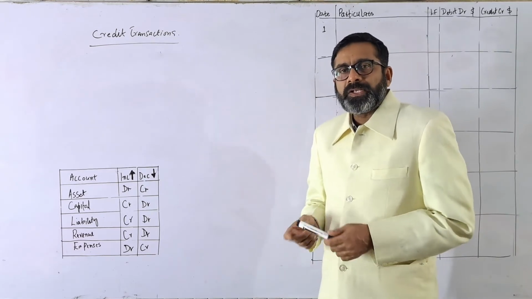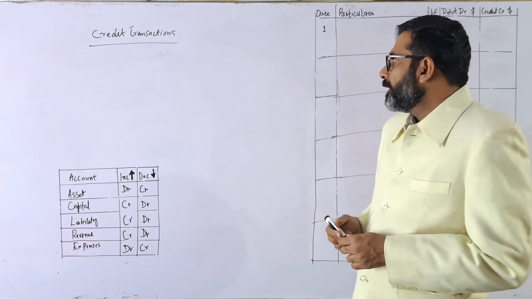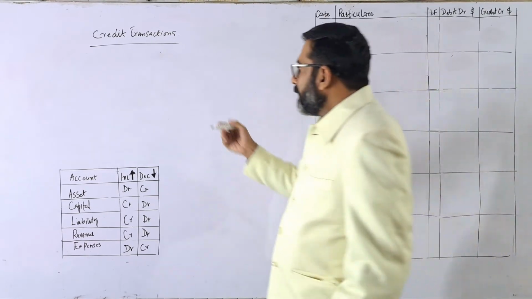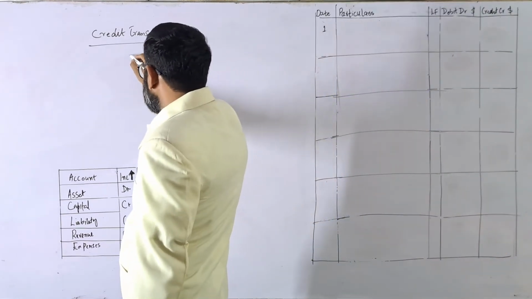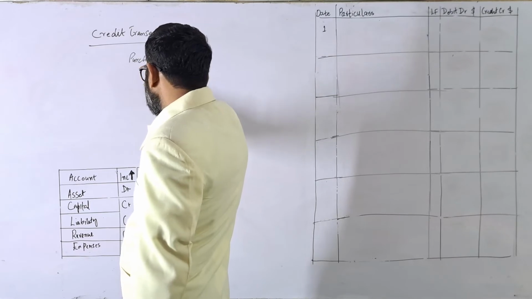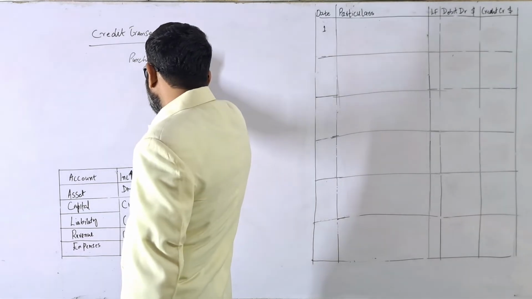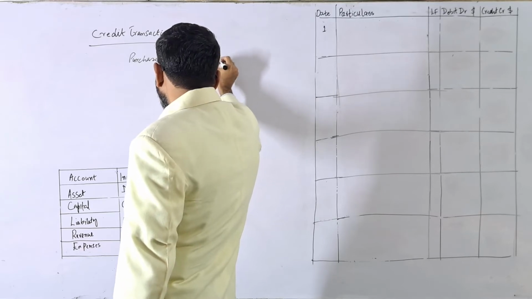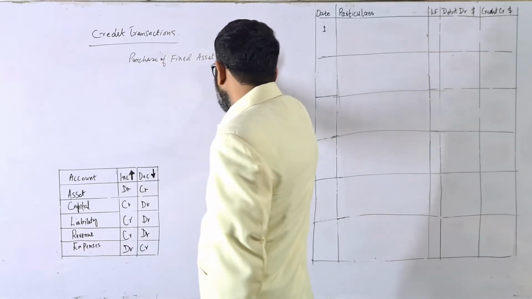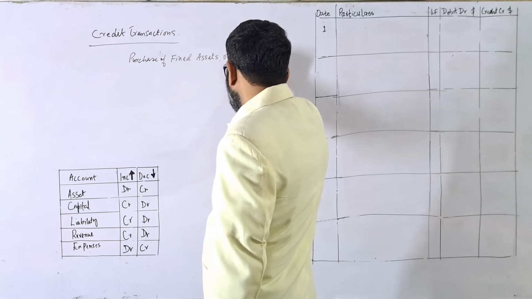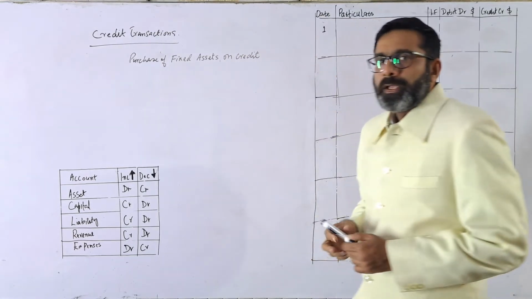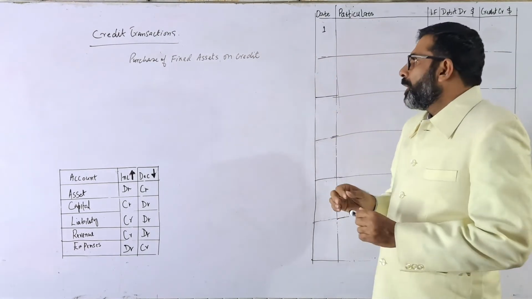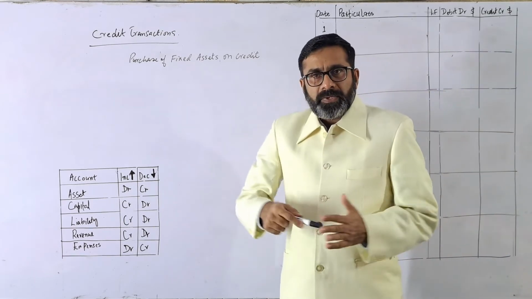The third type of transaction we are discussing in credit transactions is the purchase of a fixed asset on credit. Now, I hope you remember the concept of the fixed asset.